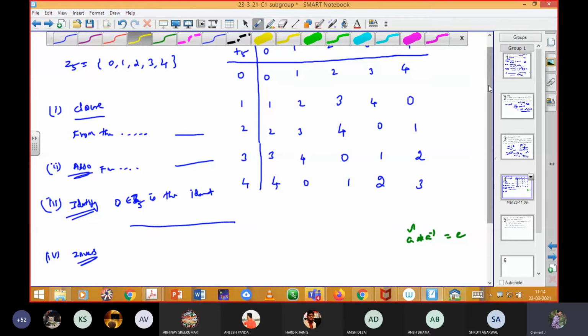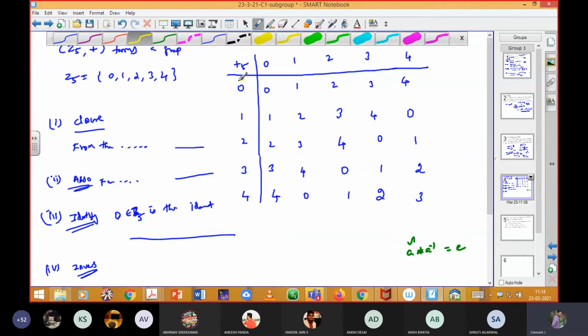So here, if you just check 0: for what value added with 0 do I get the answer 0? Certainly 0. So I should stop at the value 0, and the respective value will be the inverse element. So you need to mention here: inverse element of 0 is 0. Next, inverse element of 1 is, can anyone try to say? 4.